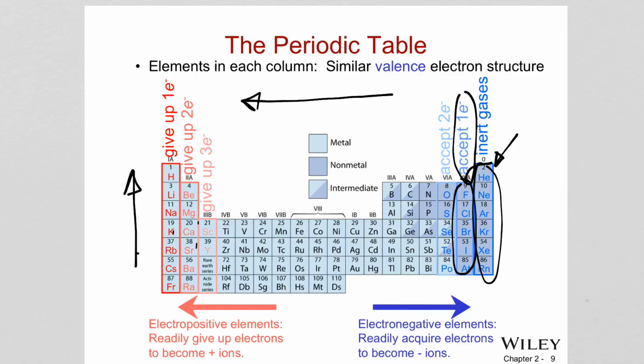When we are moving within the same shell, meaning the same quantum number, right, the same row, as the number of protons increases, because it will attract electrons more strongly, it will decrease the atomic radius.